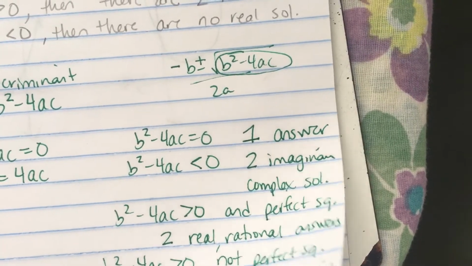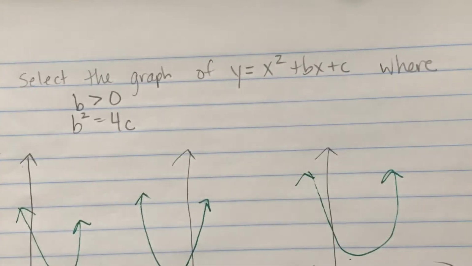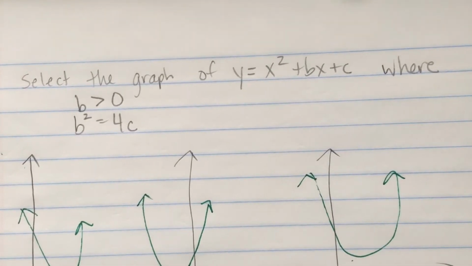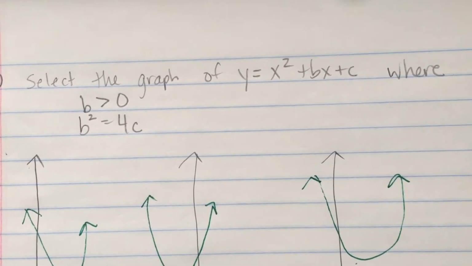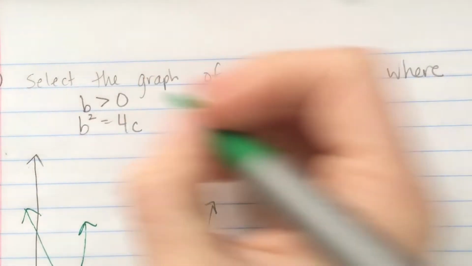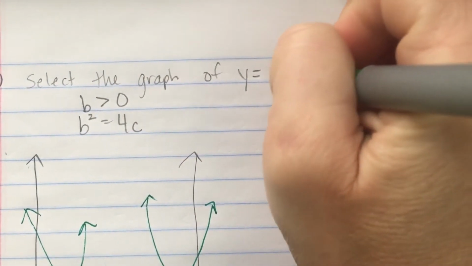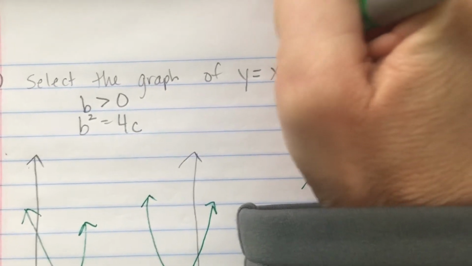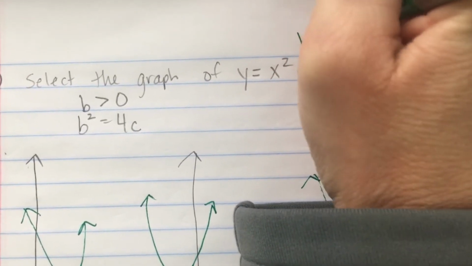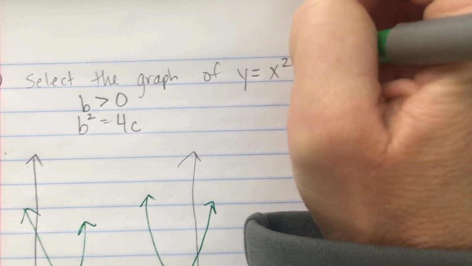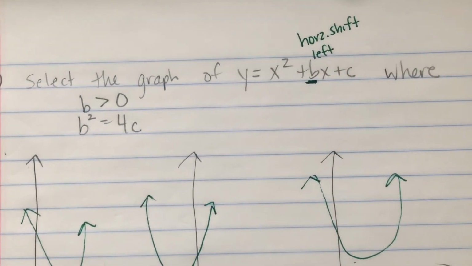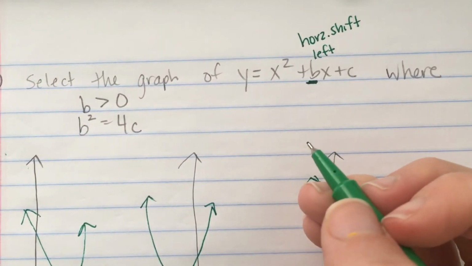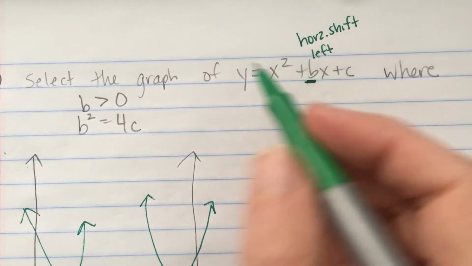All right, and then you also had a question about 13. Select the graph of y equals ax squared plus bx plus c, where b is greater than 0 and b squared equals 4c. So if b is greater than 0, that is going to be a horizontal shift, and the bigger it gets, it actually moves to the left, because when you complete the square, it just goes to the left.